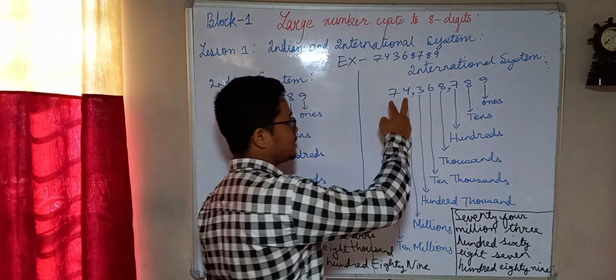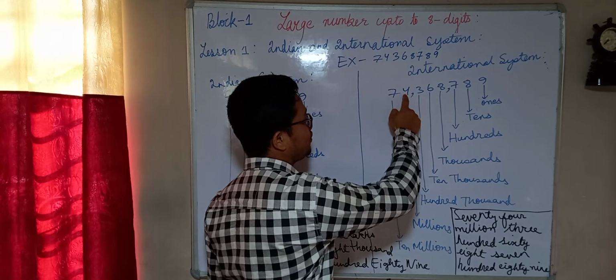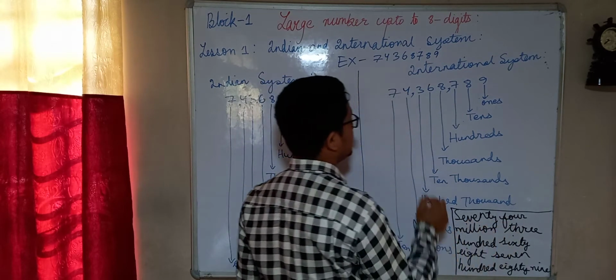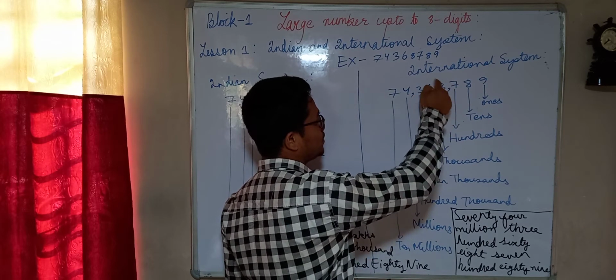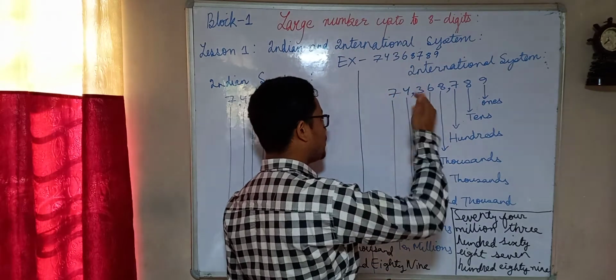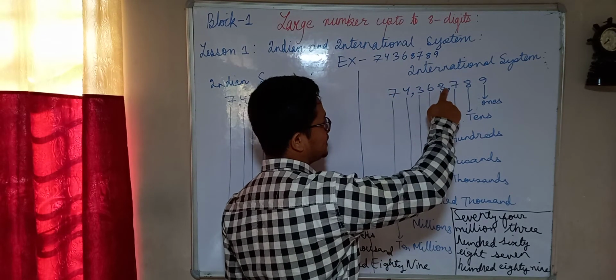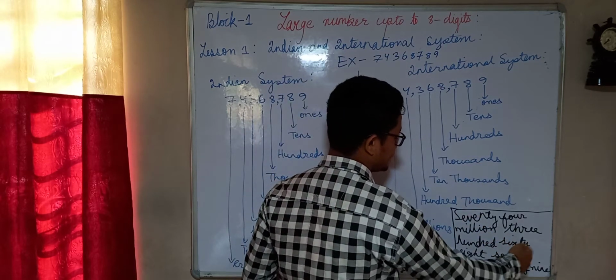Since here there are two numbers together after the bracket, you will say 74, and since this lies in millions, you will say 74 million. Then after the comma there are three numbers, so you have to call this together. You will call it 368 and just put thousand after it.